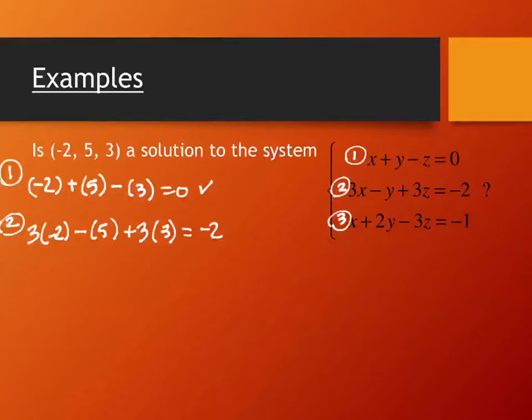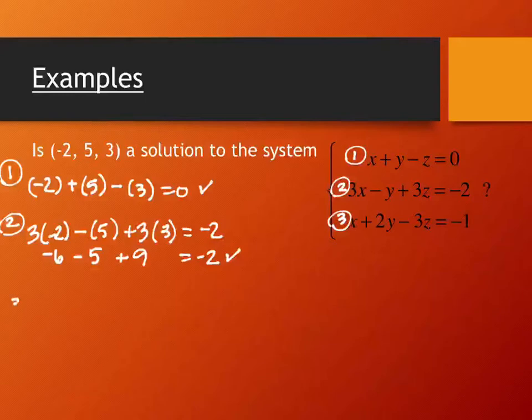So I've got negative 6 minus 5 plus 9. Negative 6 minus 5 is negative 11, and negative 11 plus 9 is negative 2, so we're good on that one.